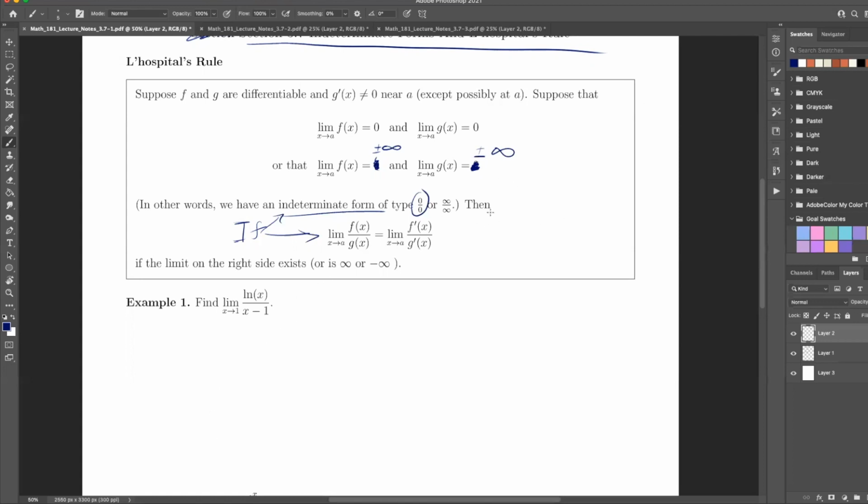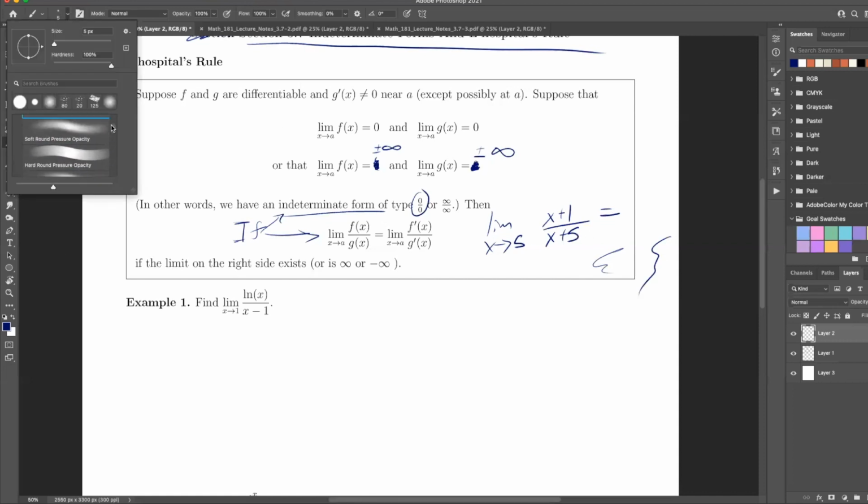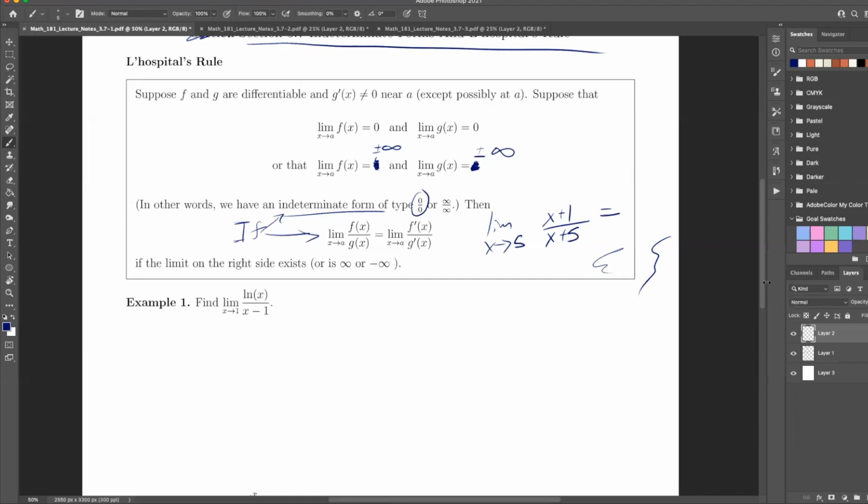Just a real quick example, if I take the limit as x goes to 5 of (x plus 1) over (x plus 5), what's the limit here?